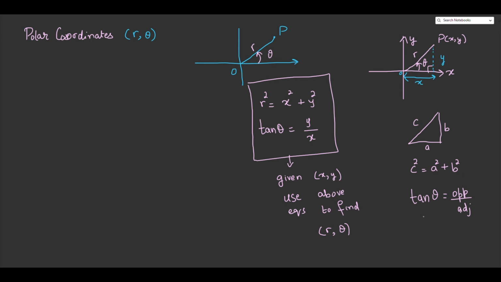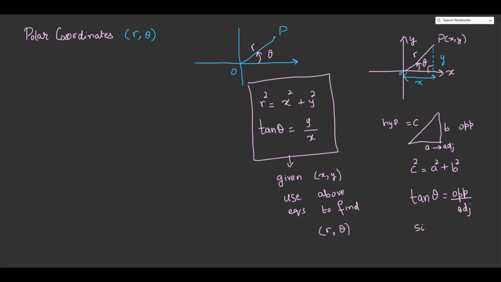Again, there are some other relationships. We know that tan theta equals opposite over adjacent. This is called the opposite, this A you can call the adjacent, meaning the base, and C is called the hypotenuse.